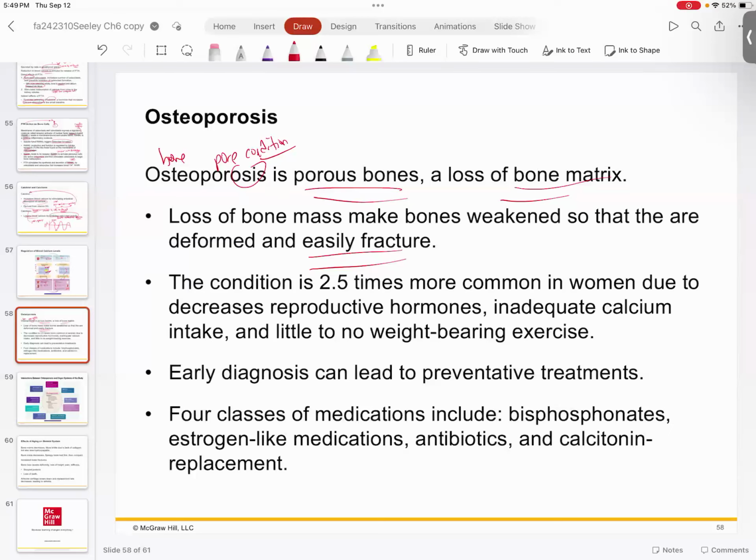Generally speaking, it's often more common in women, and that's because of menopause. Basically, that reproductive hormone cessation in menopause, when the hormones rewire. Remember, from puberty you have three major hormones at work in the female body.